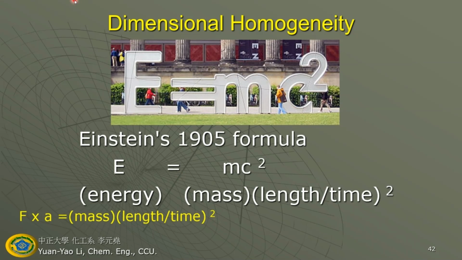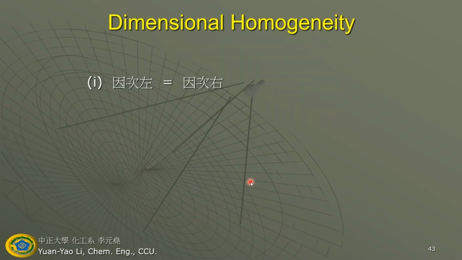So as you know, the dimension on the right will equal the dimension on the left. This is what we call dimensional homogeneity. So this equation is probably right because it is dimensionally homogeneous. I hope you understand.